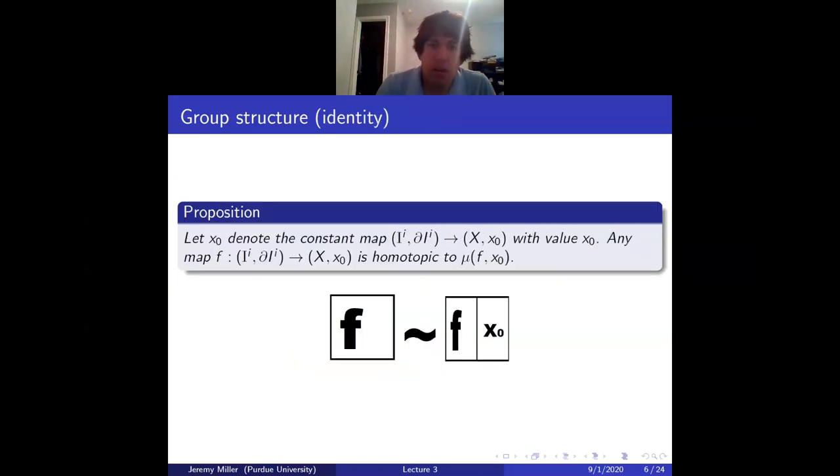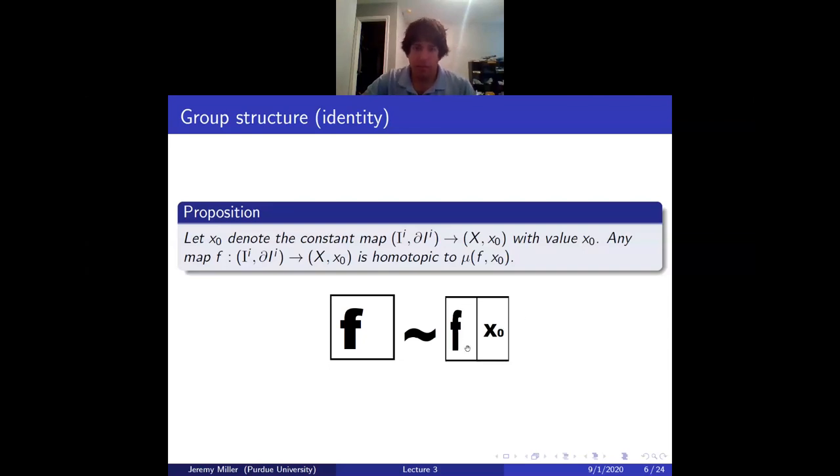And so what's the unit? So if we let x naught denote the constant map to the base point, which we also call x naught, then the multiplication with x naught isn't literally the identity on the space of maps. So over here is a picture of f multiplied by x naught.